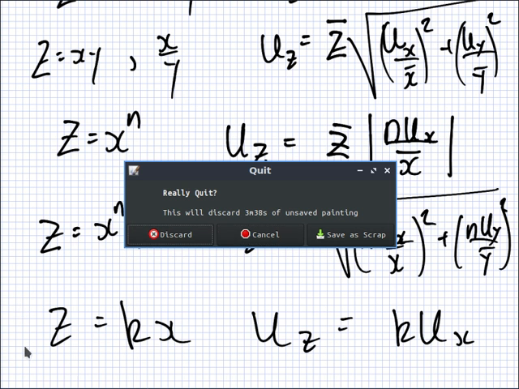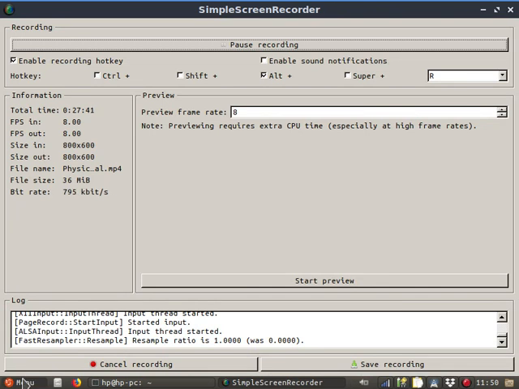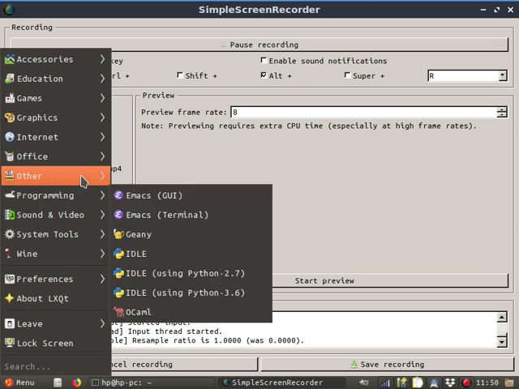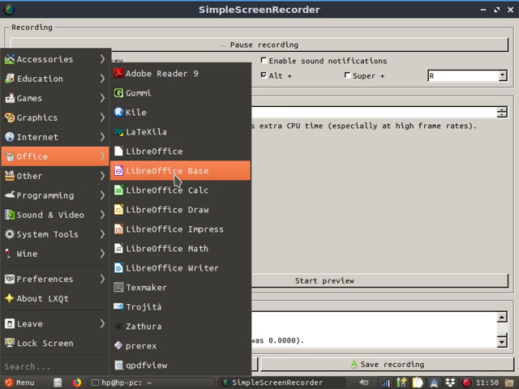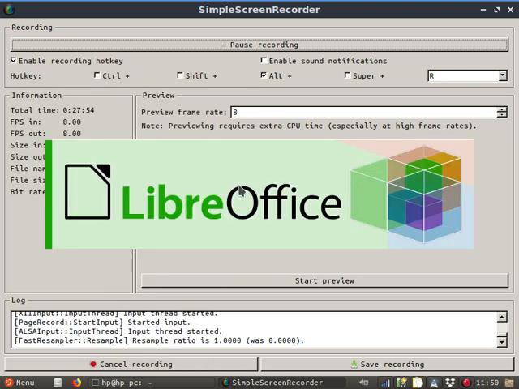Open up Office. Use the computer. Yeah, we can get ready to use it now.